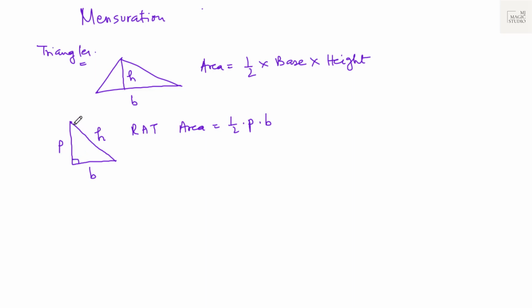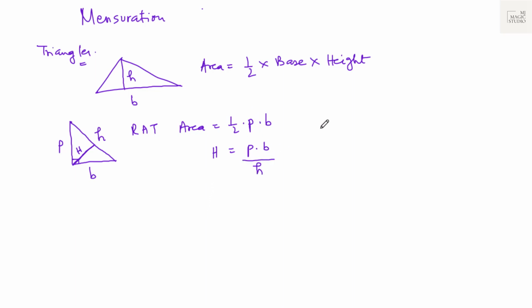Now suppose on this hypotenuse H, if we drop a perpendicular, which would be the height of this right angle triangle, capital H, then directly they can also ask what is the height of the right angle triangle on the hypotenuse, capital H, that is equal to P into B divided by H. And how?